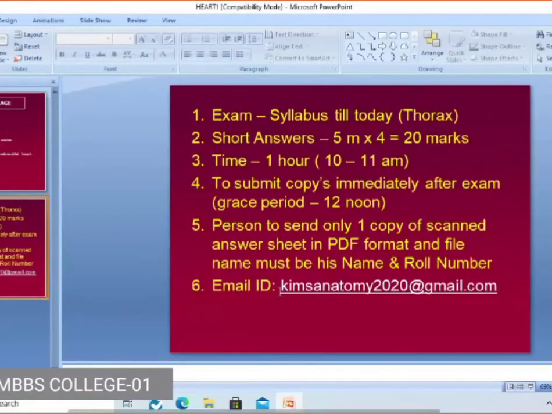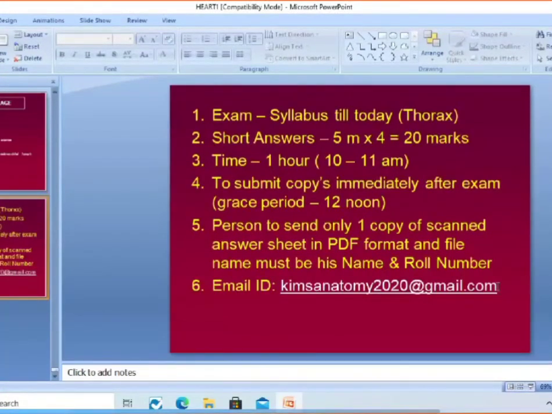Both the roll number and the name should be there, and you have to send it to kimsanatomy2020@gmail.com before 12 o'clock, or once you complete, you can send it as early as possible.